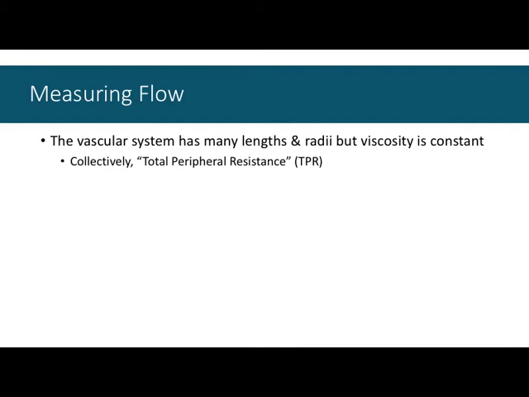We don't care so much about average length or average radius. Mostly the length and radii serve a specific purpose. Radius is a lot smaller in the capillaries than in the aorta because they have a different role. We collectively refer to resistance as total peripheral resistance, and we don't calculate it using that resistance term I just showed you. Instead, if we calculate flow through the system and pressure in the system, we can get what must be total resistance in that system as well.